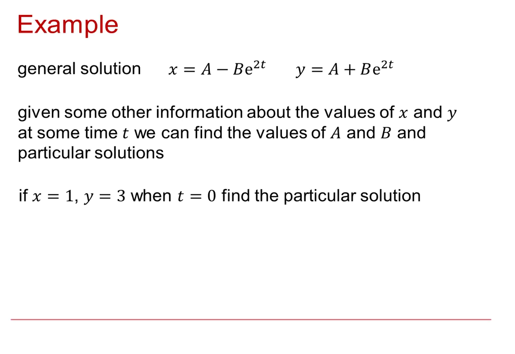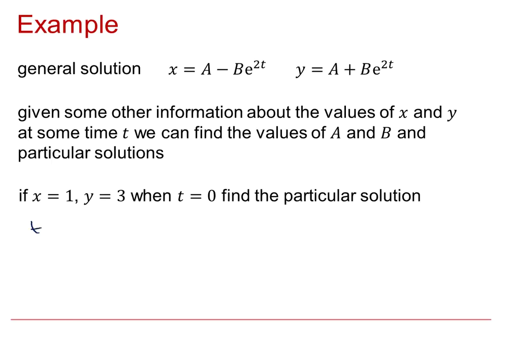Having got that general solution, if we are given some other information about the values of x and y at some time t, either initial conditions or boundary conditions, we can find the values of the arbitrary constants a and b, and therefore the particular solutions. Here we're given initial conditions that x = 1 and y = 3 when t = 0.